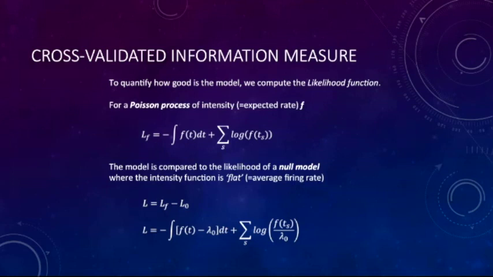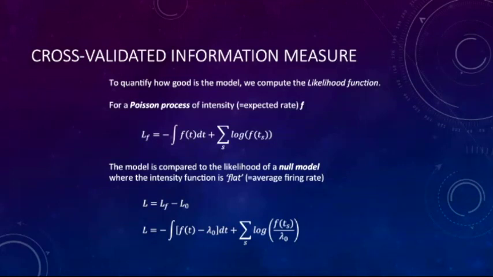The difference between the two is the amount of information I get by assuming that the cell is modulated by my behavioral features. So this is the difference between this and the flat tuning curve that we call f0, and it takes this form. It also has the dimension of information, so you can express it in bits.